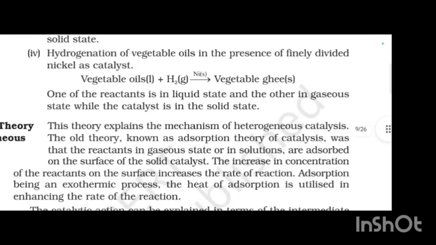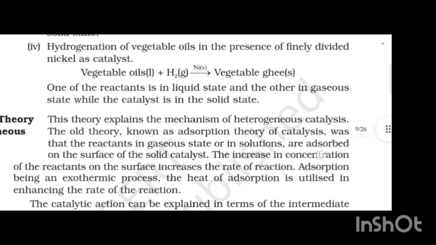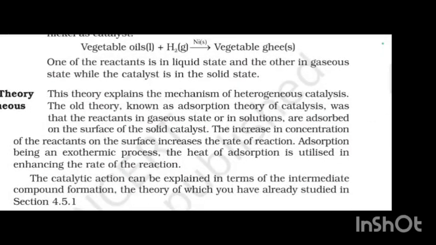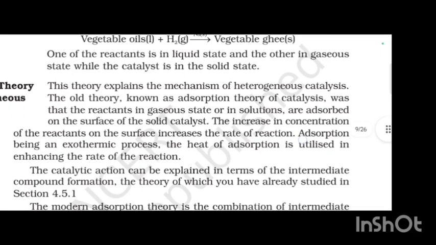Fourth, hydrogenation of vegetable oils in the presence of finely divided nickel as catalyst. Vegetable oils liquid plus H2 gas in presence of nickel solid gives vegetable ghee solid. One of the reactants is in liquid state and the other in gaseous state while the catalyst is in the solid state.